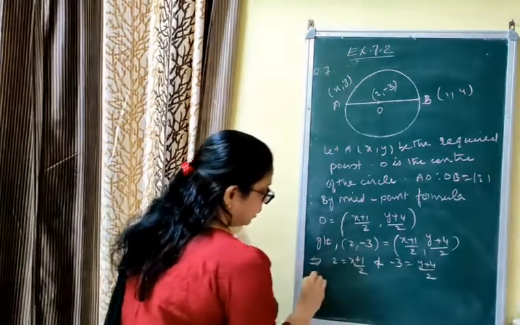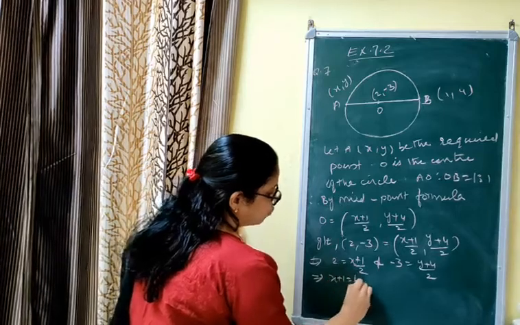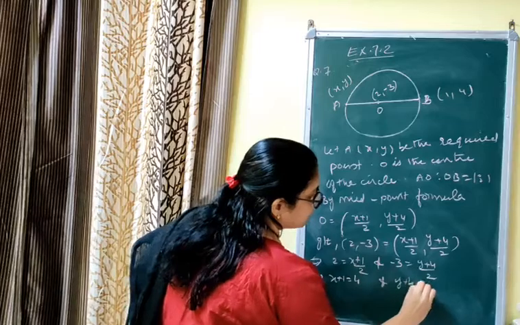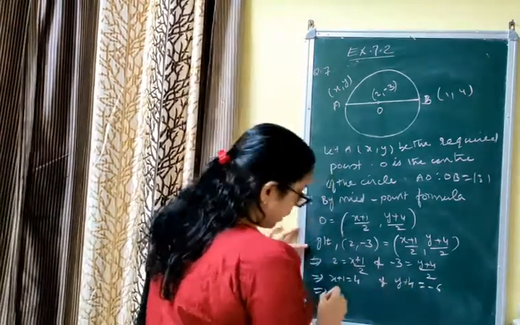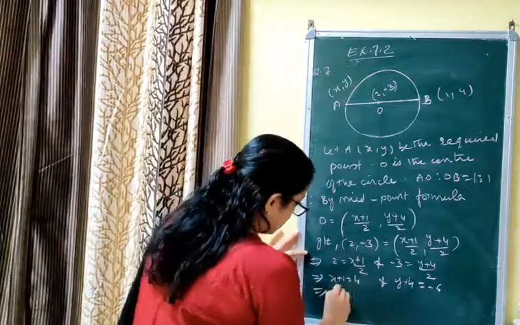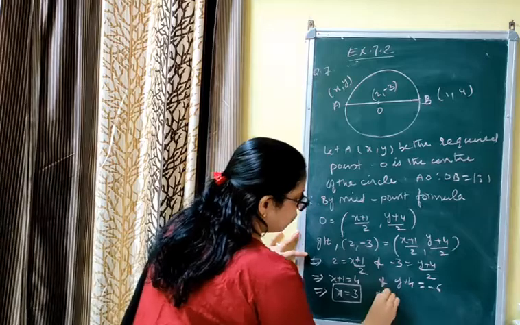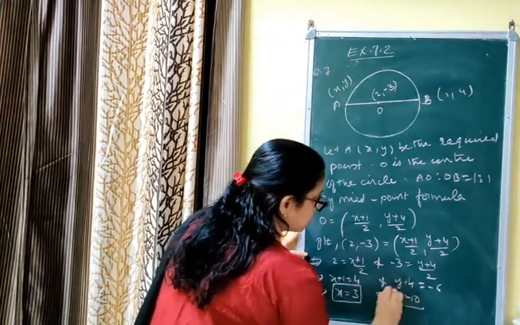That implies 2 is equal to (x + 1)/2 and -3 is equal to (y + 4)/2. Shifting the 2 across, x + 1 is equal to 4, and again y + 4 is equal to -6. This implies x is equal to 4 minus 1, that is 3, and y is equal to -6 minus 4, that is -10.